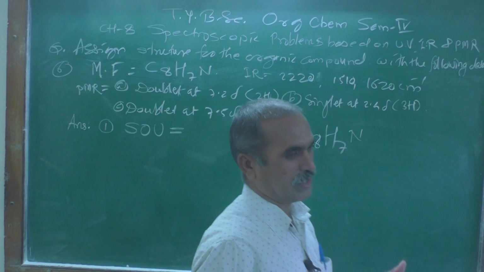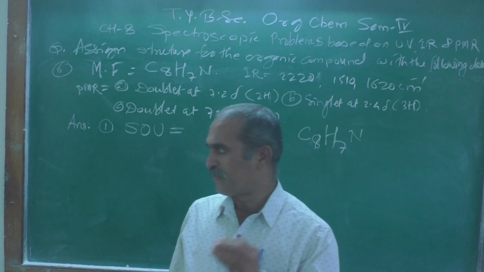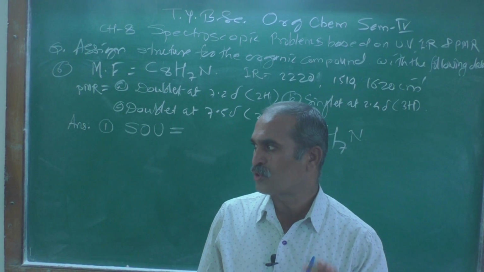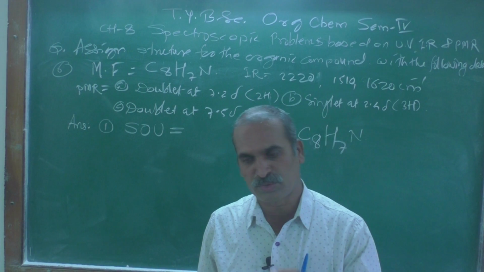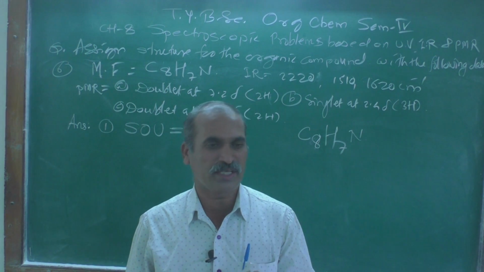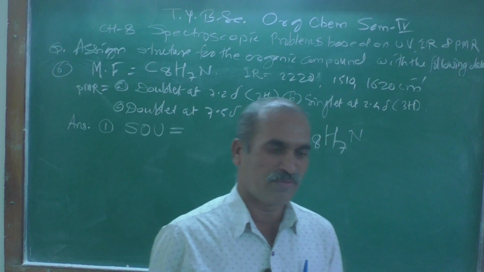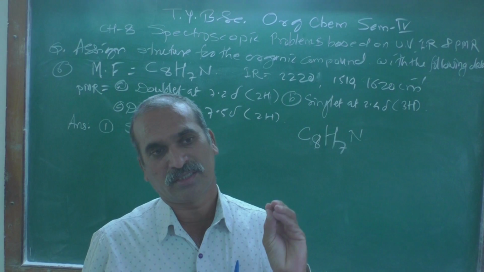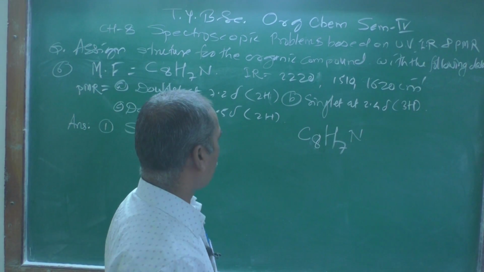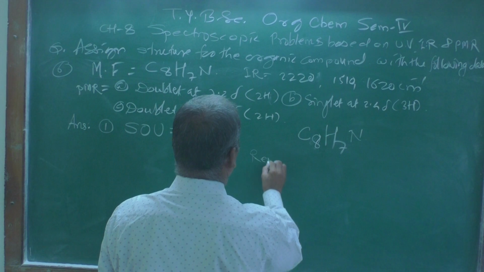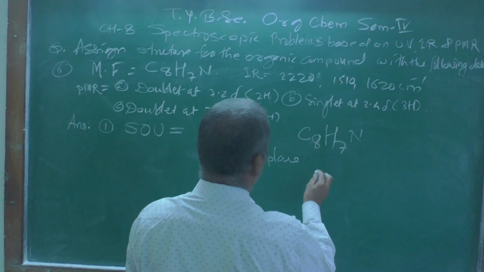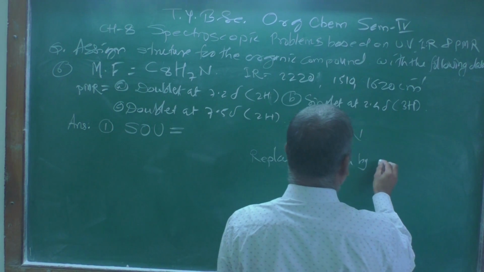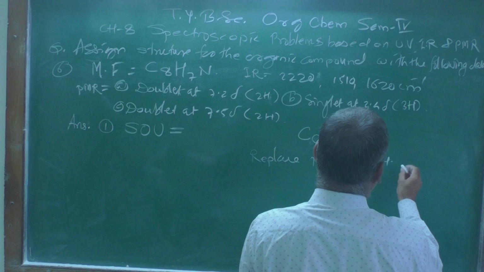There are different methods to find the sites of unsaturation. The most commonly used method is what we are using here. First, neglect any oxygen or sulfur atom, then replace the nitrogen atom by CH.